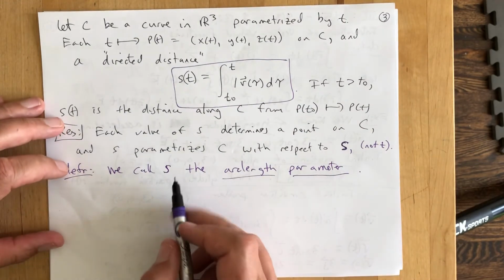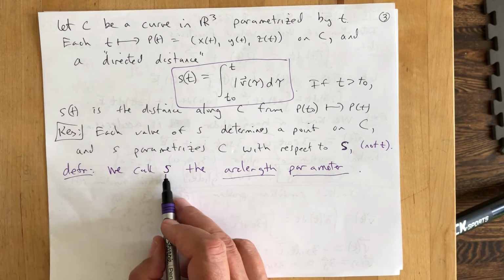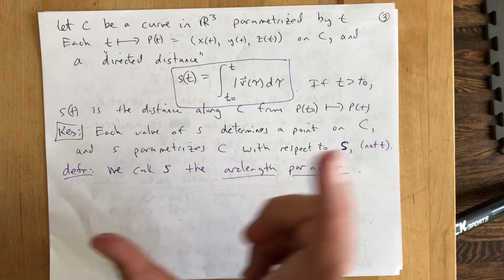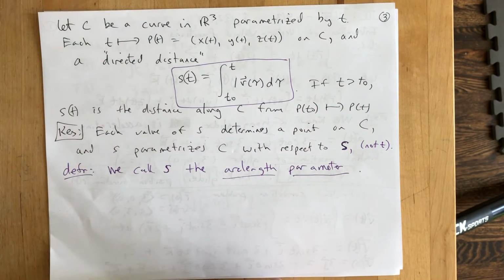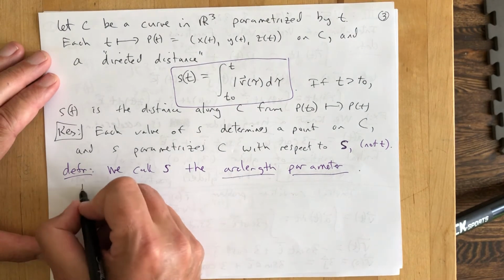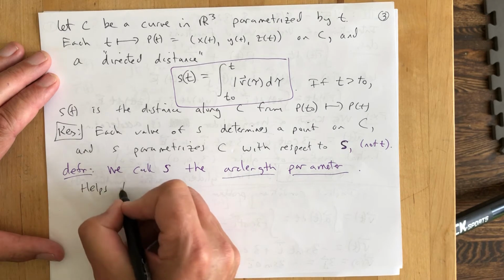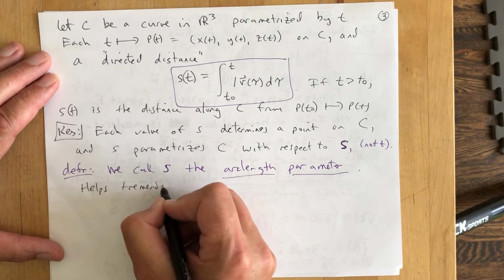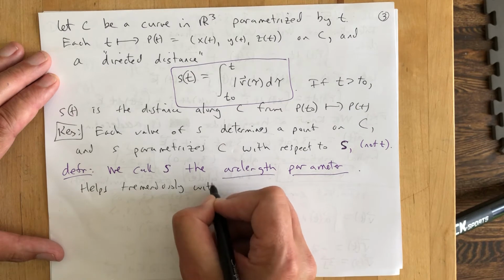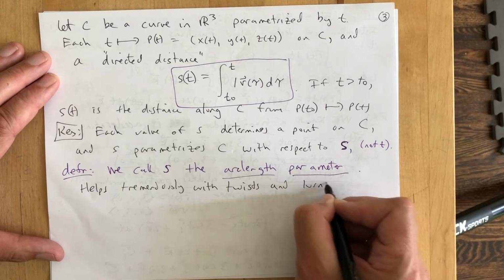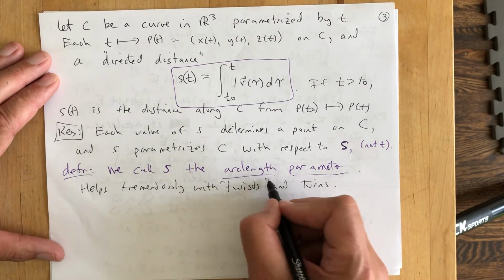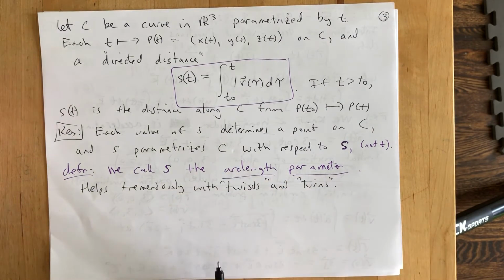But with s, we parametrize the curve with respect to length, and that's different because each length s is different for every curve, but it's normalized to the curve itself. Okay? All right, and this helps tremendously with twists and turns. Which isn't very mathy, but next week you'll understand.